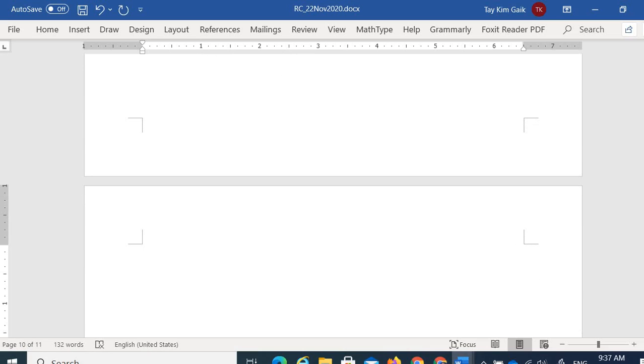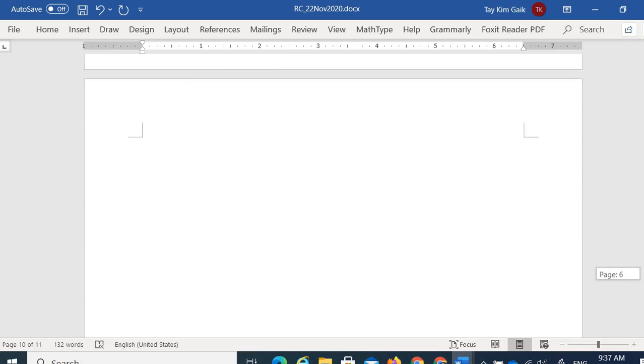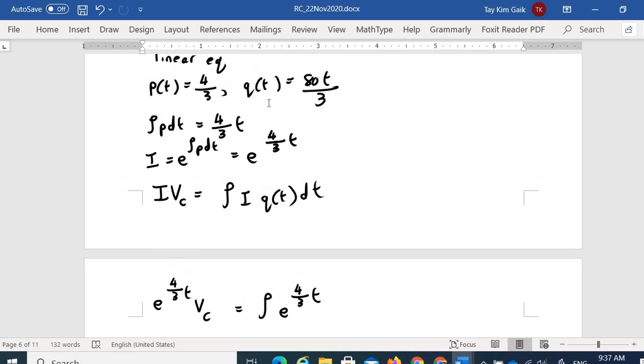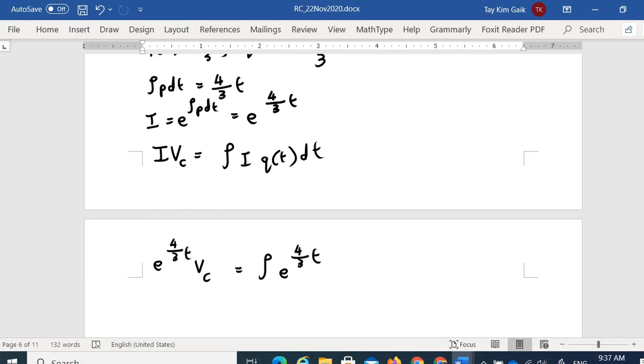With enough space to write. So plug in the integrating factor, which is exponent 4 over 3t. So VC equals, you integrate exponent 4 over 3t times Q(t), which is 80t divided by 3, dt.